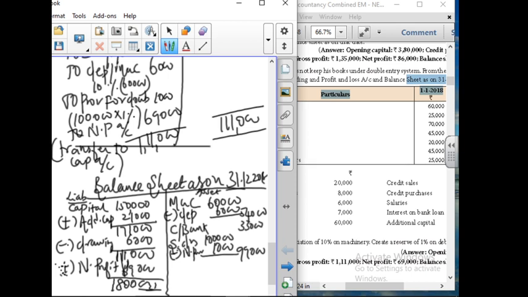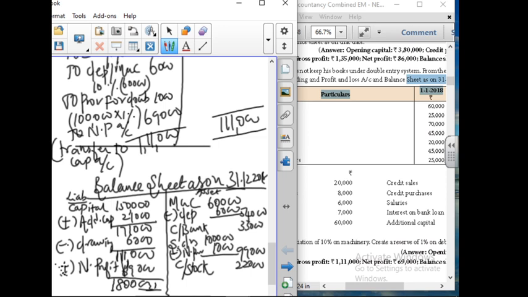I think we have written closing stock. Yes. Closing stock amounted to 22,000. Just check the asset side. Machinery with 60 minus 6,000, 54,000. We have written the closing stock 22,000. Cash at bank 33,000. Yes. Sundry debtors with 1 lakh minus 1,000 is 99,000.